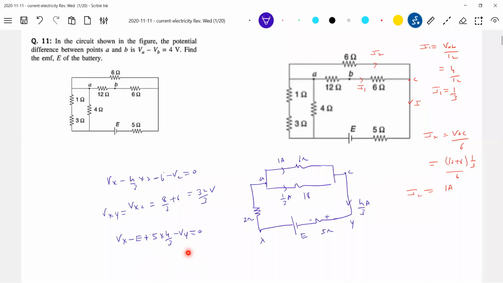We needed E, no? Why am I writing like this? Vxy plus 20 by 3.